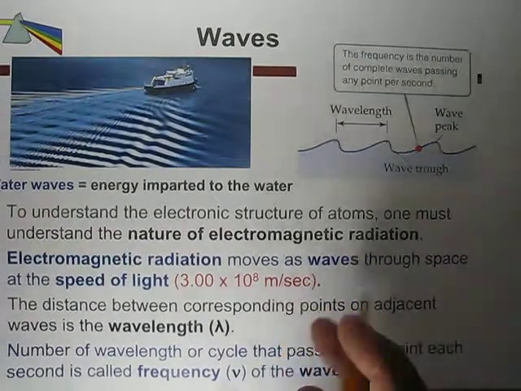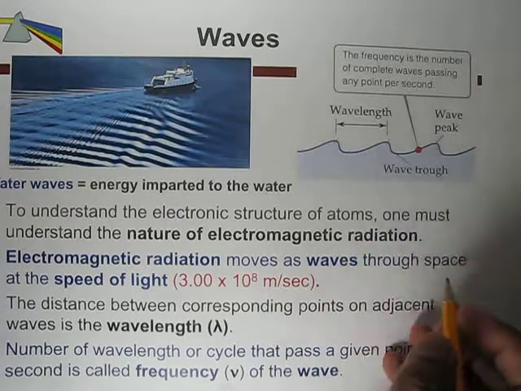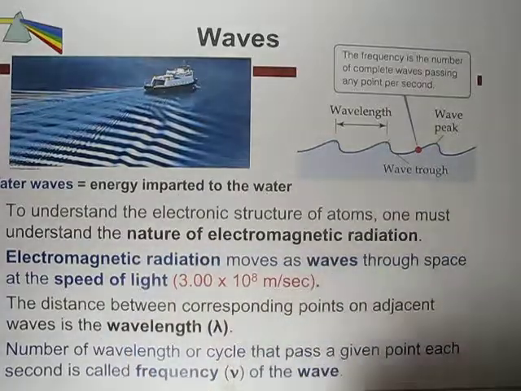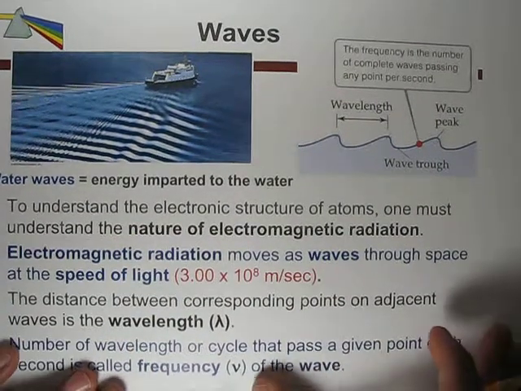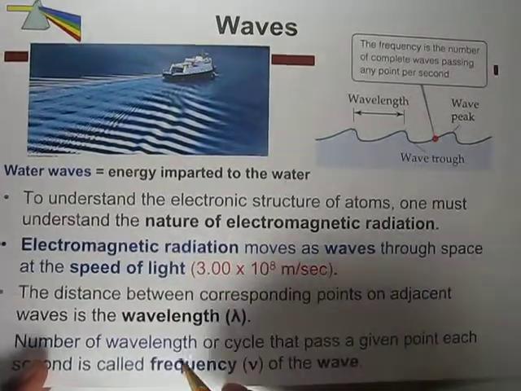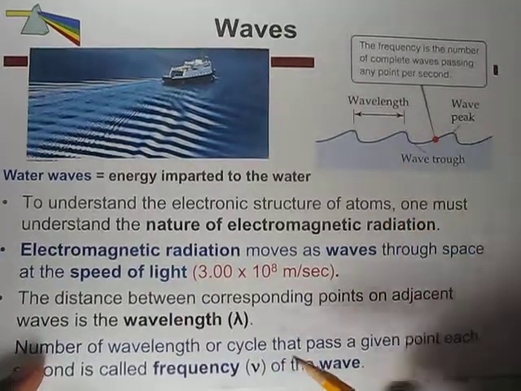And all the electromagnetic radiation moves as a wave with the speed of light. We will understand what electromagnetic radiation is also, and there are two main important terminologies, that is the wavelength and frequency.